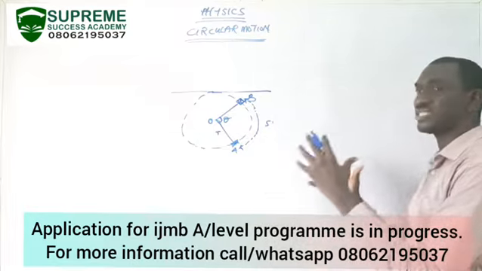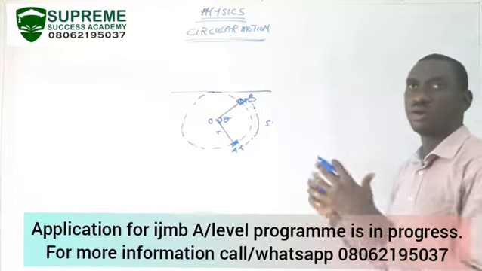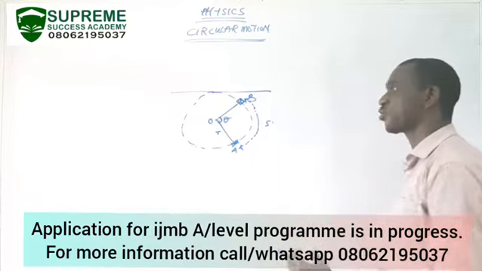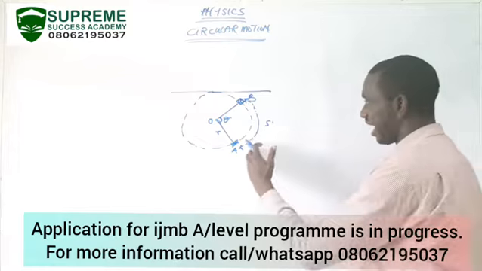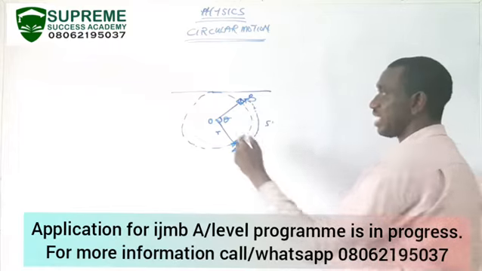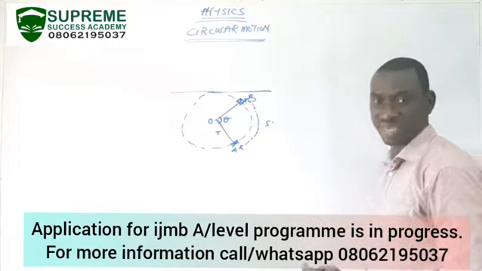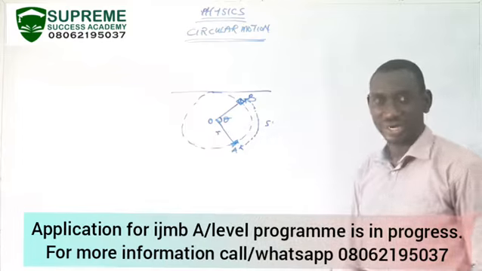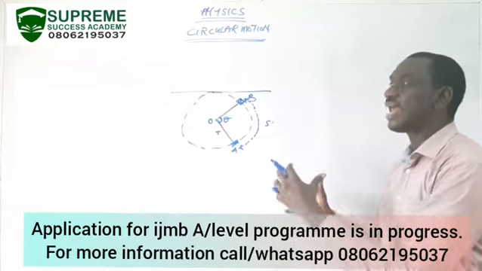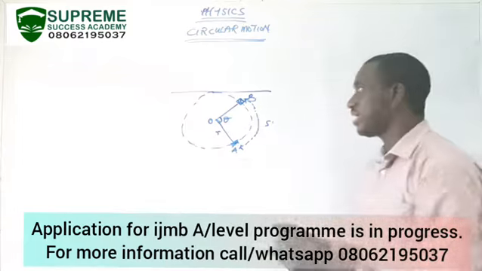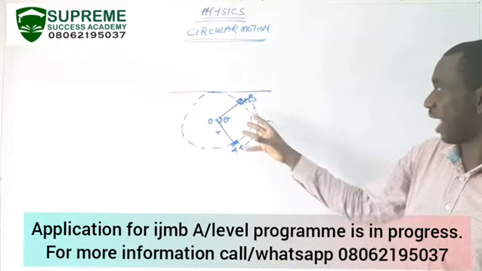So you can see all the features of an object undergoing a circular motion. There is a linear displacement, and there is angular displacement, and there is what? Radius.